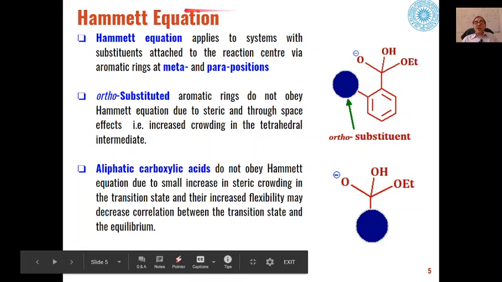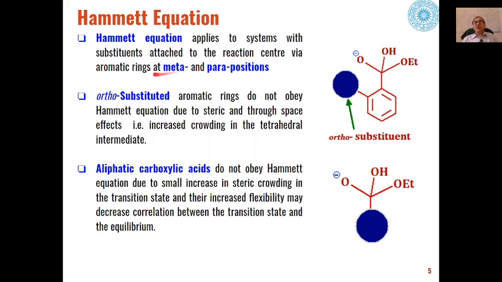Now Hammett equation, as I have told you, is applicable only to meta and para positions. It is not applicable to ortho substituted aromatic rings because of the steric hindrance which arises due to the presence of any substituent group at the ortho position.